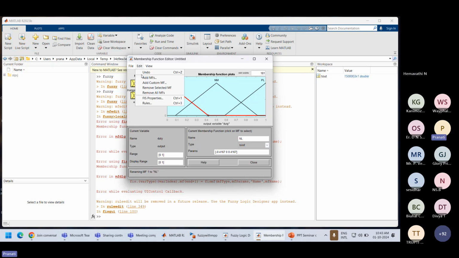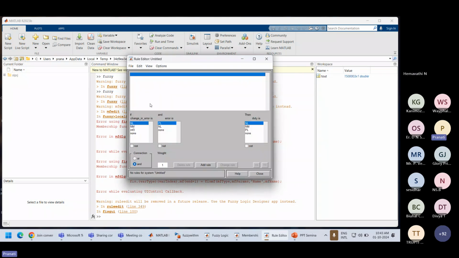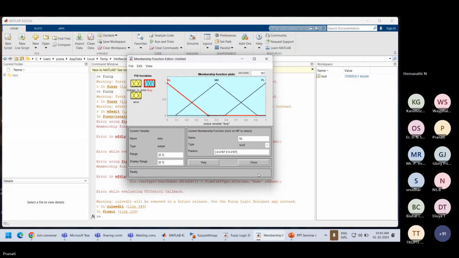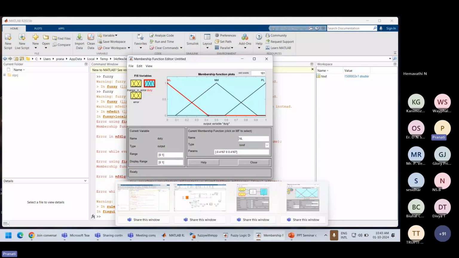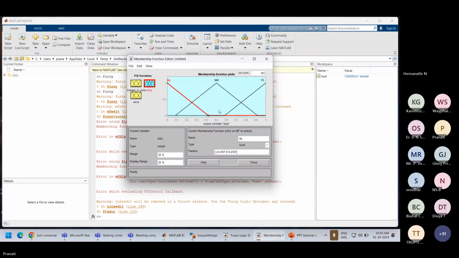Okay. Now we can see the rules. When error is negative large, change in error is negative large, duty is negative large. If I say add rule, then the rule will be introduced. Similarly, we can form the 49 rules, which are shown in this table.